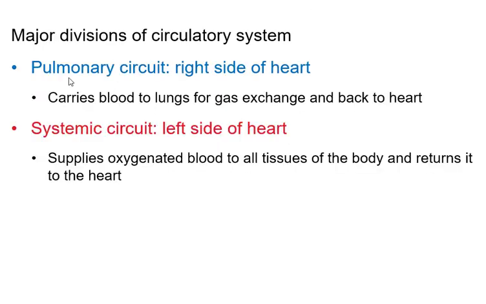So it's important to know that the pulmonary circuit goes from the right side of the heart, and the systemic circuit is the left side of the heart. So keep that in your mind. And I put it in red for you because the systemic blood has been oxygenated. It's already gone to the lungs, it's picked up oxygen, and now it's ready to go to all the tissues in the body.